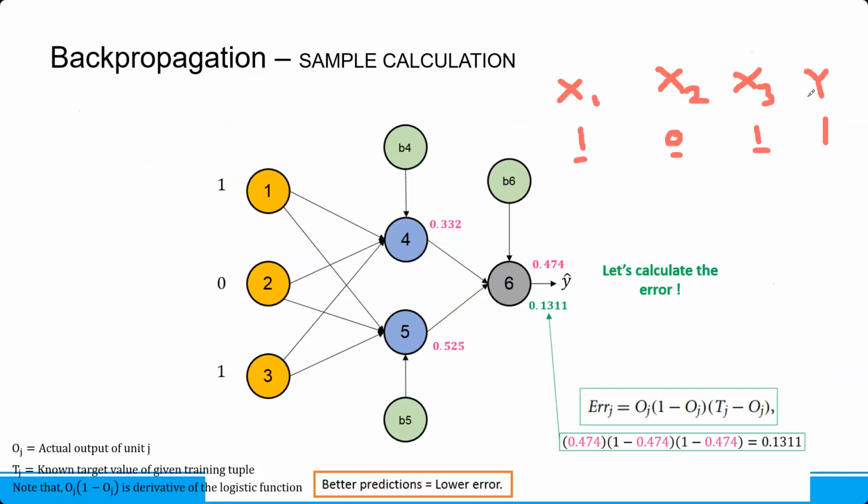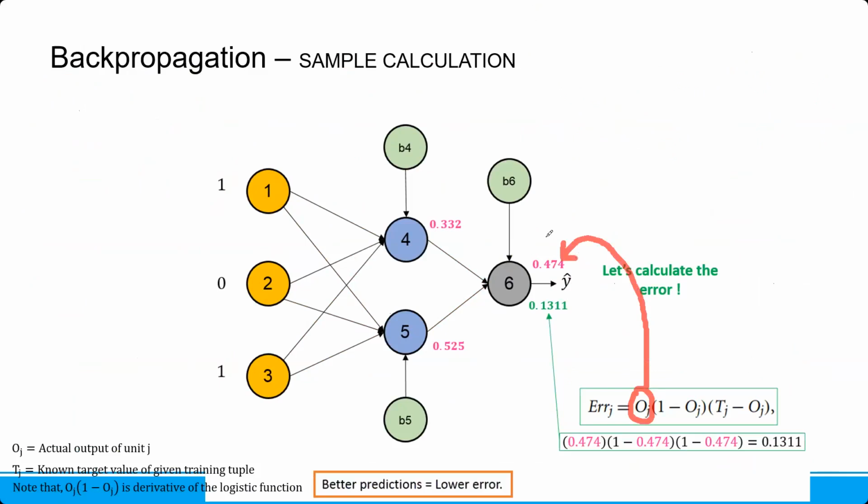If y is 1, we want to know how big the error is by using this formula in backpropagation: OJ multiplied by 1 minus OJ multiplied by TJ minus OJ. What does it mean? OJ means the output given by the network, and we multiply it with 1 minus OJ.